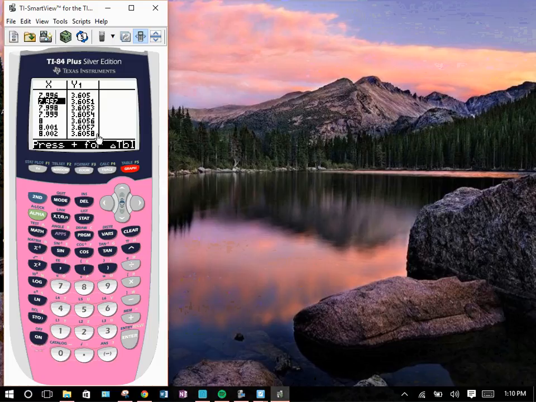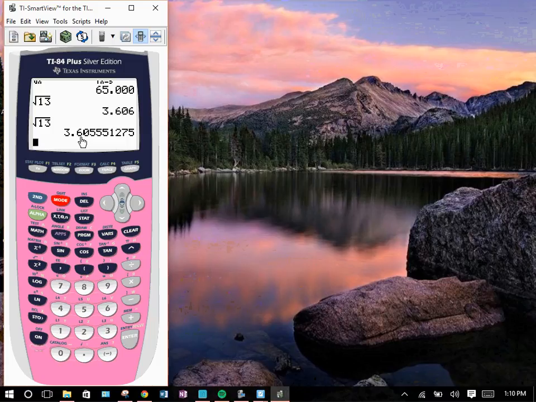Notice it's getting closer, going 5, 5, 1, 5, 3, 5, 4, 5 and then 5, 6. Same thing here, 8, 7. It's getting closer to that 3.6055, which is the square root of 13. It's just rounded in the table.